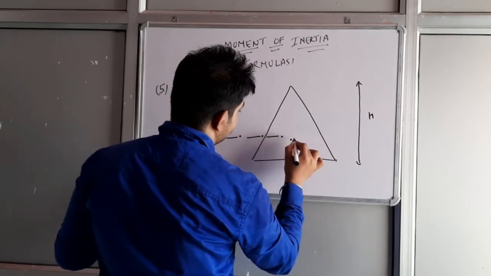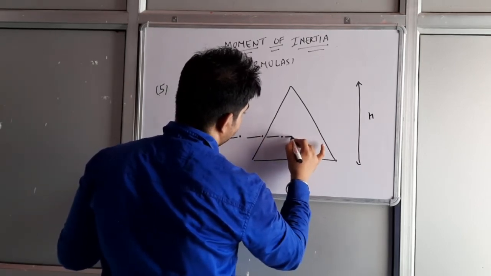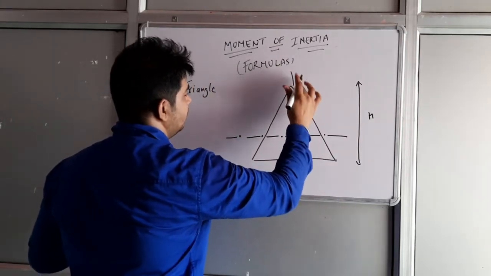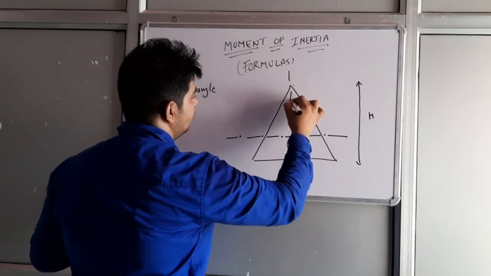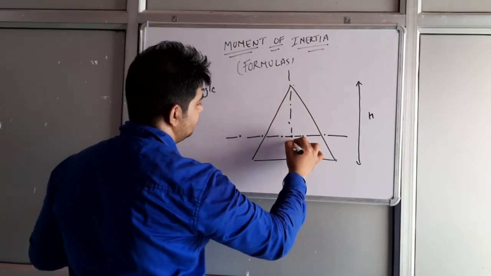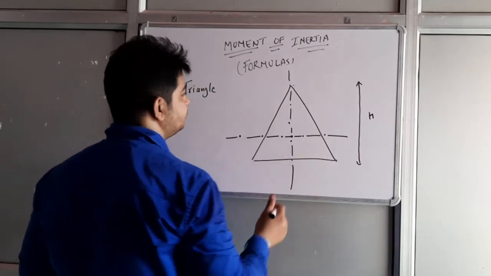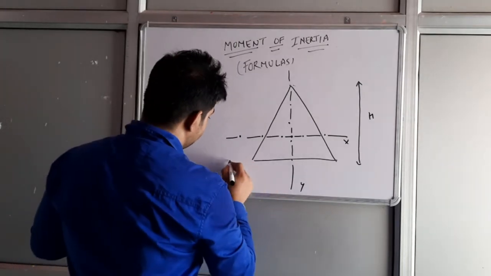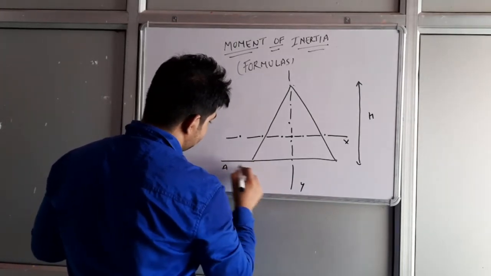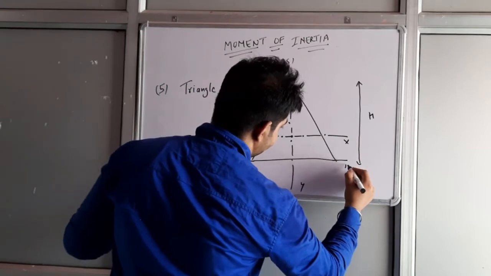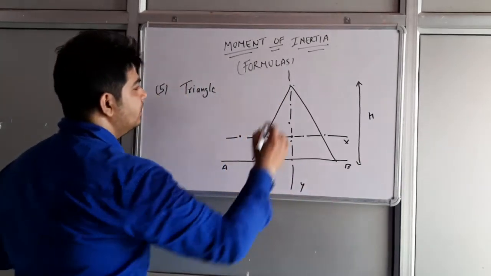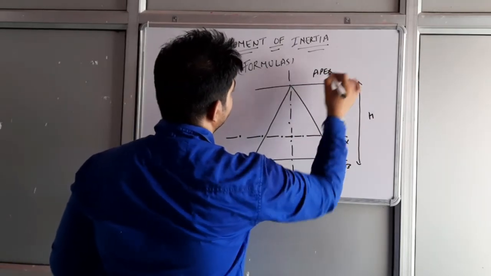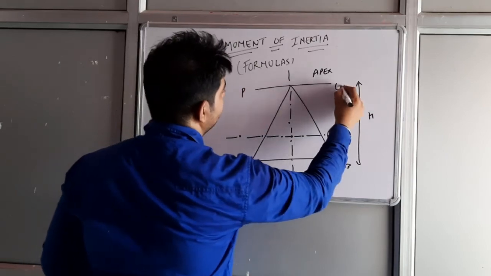Now we will draw x-axis and y-axis. Let us denote the base as AB. This is what we call the apex. Let us denote these by P and Q.